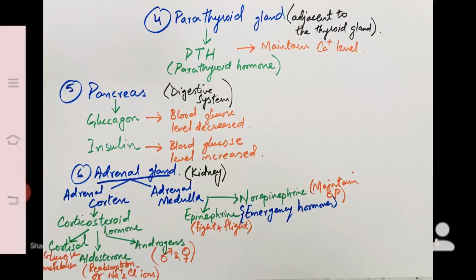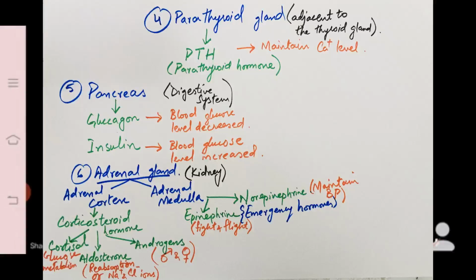They both regulate blood glucose level, but glucagon regulates it when the blood glucose level has decreased. If your blood glucose level is decreased, the glucagon will come into action.